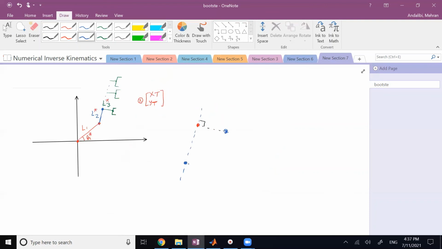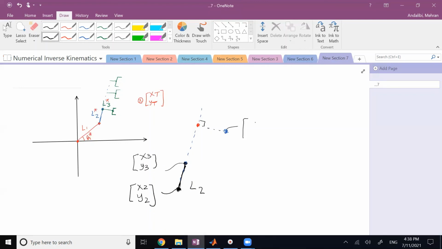So let's say right now, this is the previous joint. And this is the length of this member, L2. This is joint number 2, so I can call it X2 and Y2. This is joint number 3, so I can call it X3 and Y3, and I can get all of this through forward kinematics.